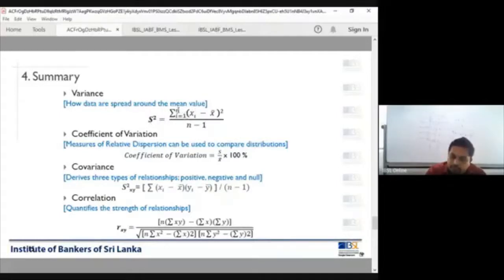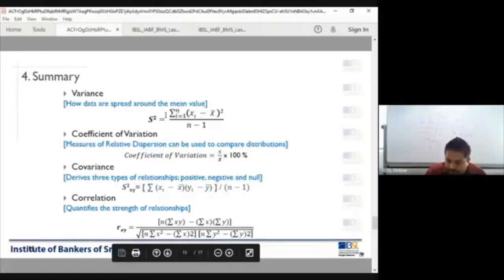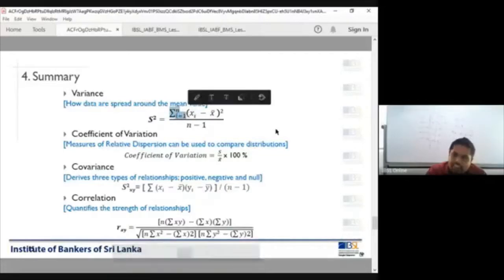So for the variance of an individual or one variable, s square will be denoted as sigma i equals 1 to the nth. Now, students, it's important to note that the best form to represent the statistical jargon would be to always take the sigma and write on the bottom side of it i equals 1. Last class I explained it to you. And at the top side, the maximum point.